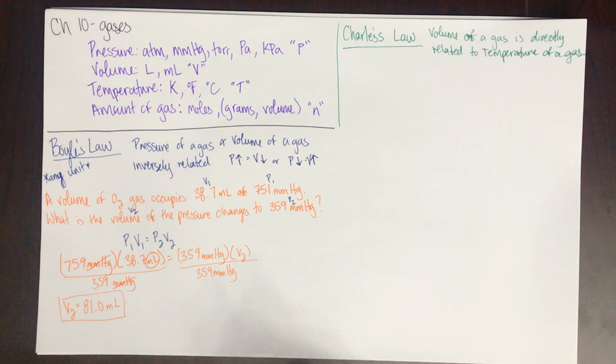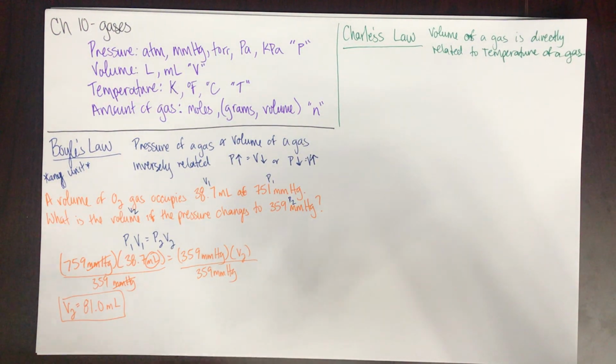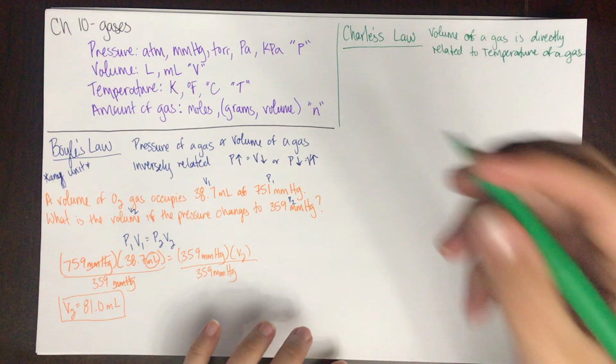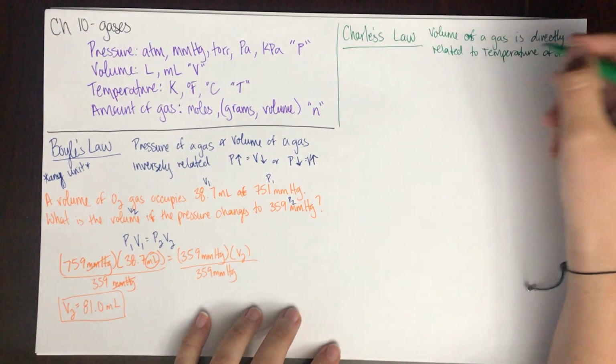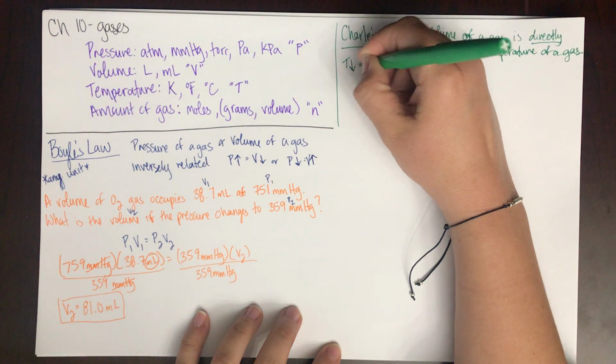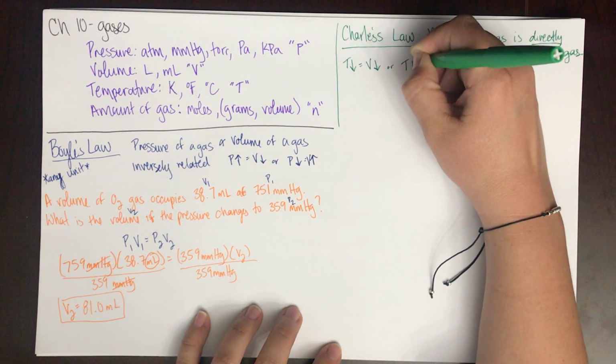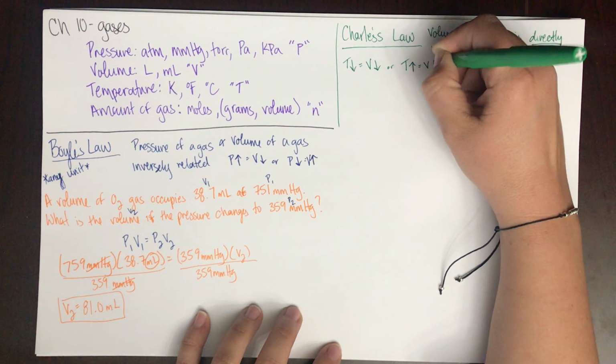The next morning when you went out there, that balloon would be deflated because the temperature decreased, so that means the volume decreased. So these are directly related. So if temperature decreases, that means volume will decrease. Or if temperature increases, that means volume will increase.